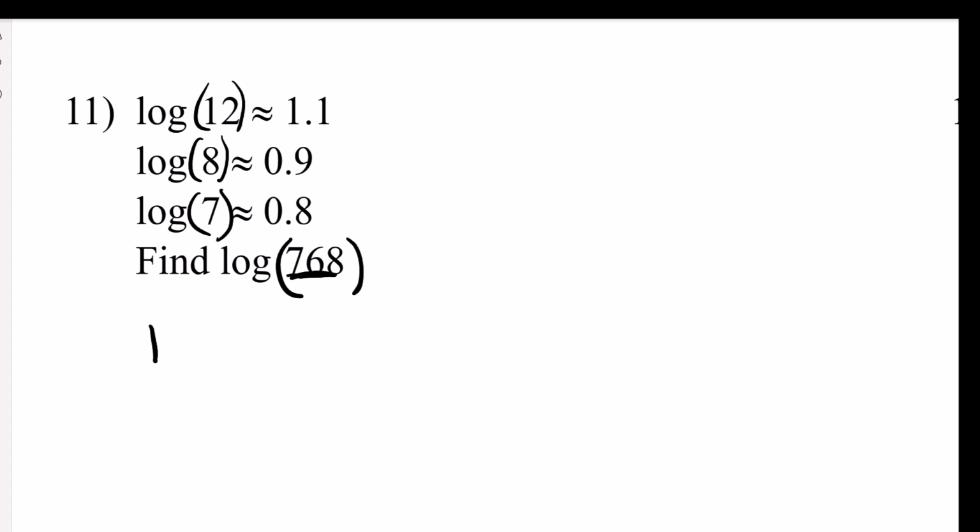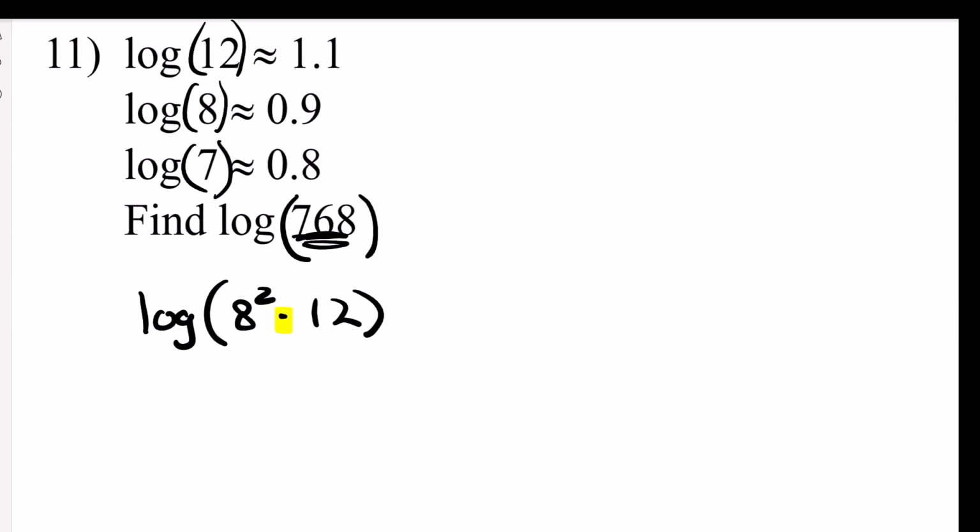And what we end up with is, and remember that invisible base is 10, it ends up being 8 times 8, which is 8 squared, times 12. Those are the same as log 768. Remember, we now have a multiplication. We also have an exponent.